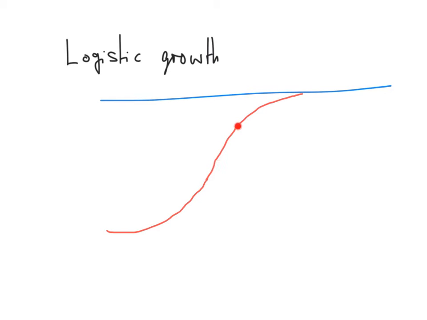First exponential, and then it turns around and becomes kind of inverse exponential. It's still growing, but at a slower and slower rate as time goes on. And this kind of function, it turns out, can be modeled by a certain type of function called the logistic function.